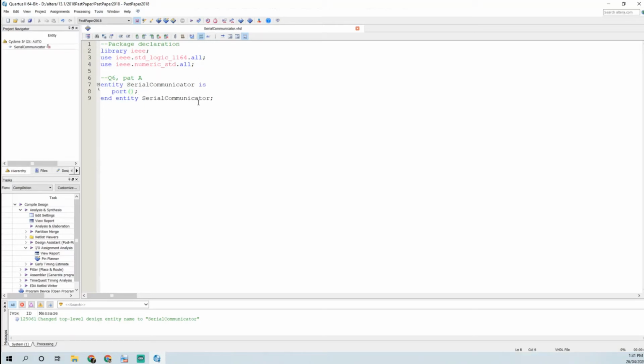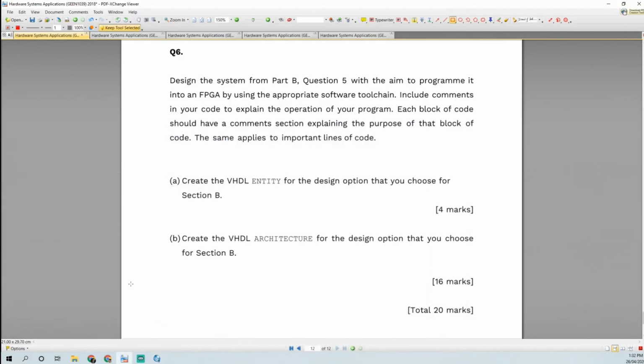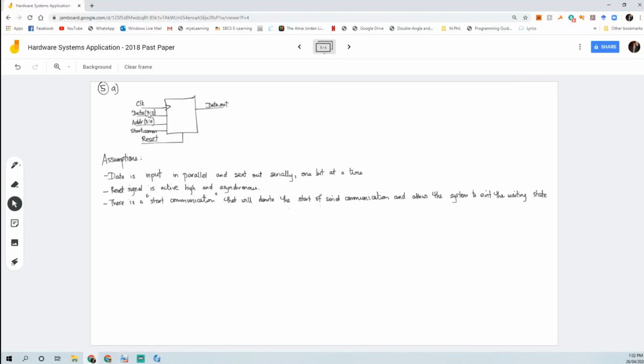All right, so our input ports will be our clock, our reset. Of course, these are type standard_logic. Right, so we have our clock and our reset. We're going to have data, address, and startcom bits. Data and address are standard logic vectors. Startcom is a single bit.